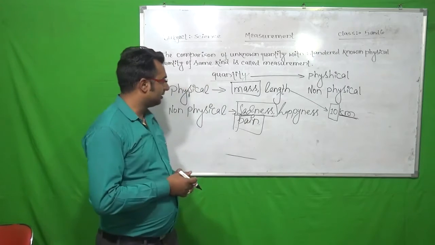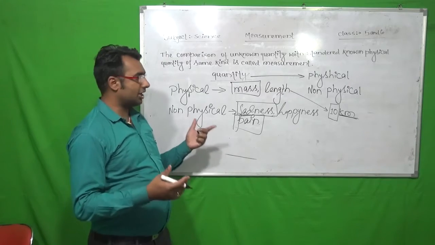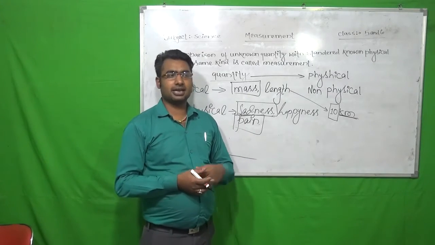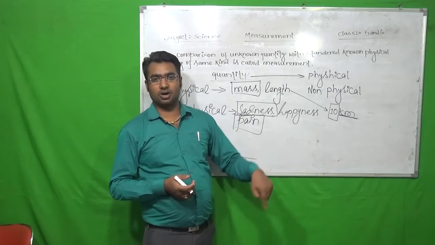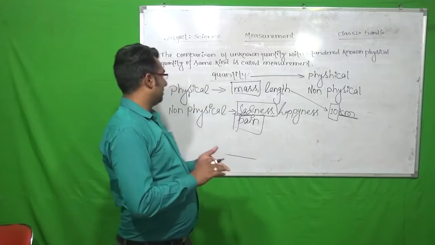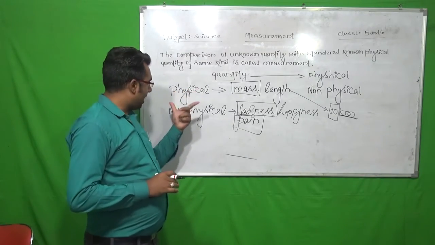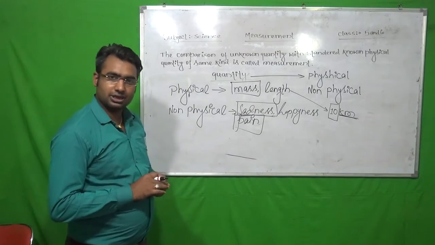As well, sadness, happiness and pain cannot be expressed in terms of number. So these are physical quantity and non-physical quantity.